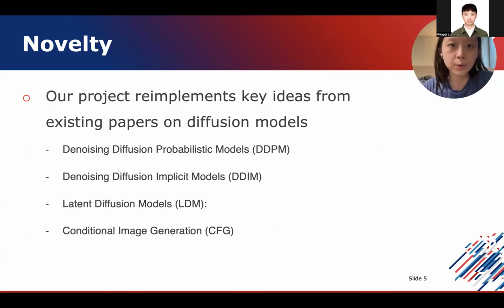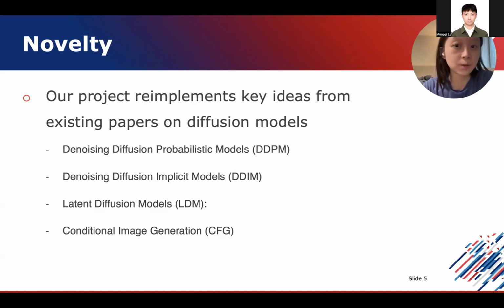In our project, we re-implemented 4 key components from the foundation papers on diffusion models. First, we implemented DDPM, which uses a fixed forward noise schedule and a learned denoising model. Second, we implemented DDIM, which accelerates inference by making the denoising process non-Markovian.